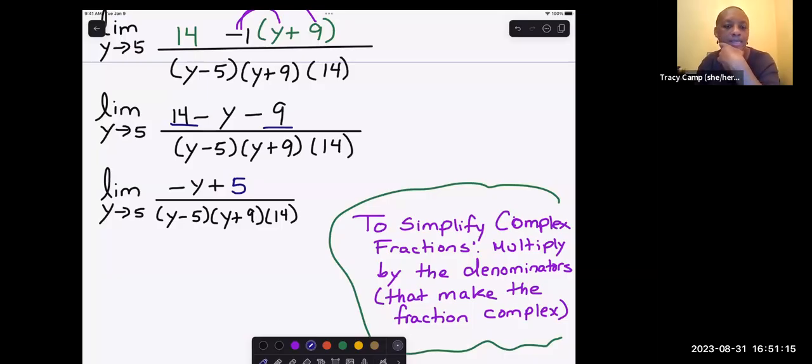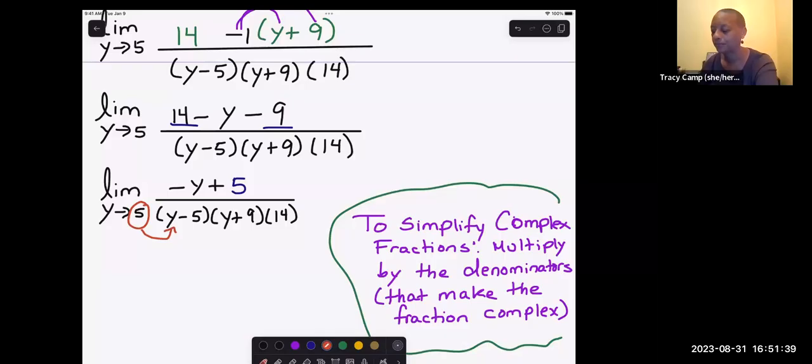And this is actually the opposite of what I need. Notice that it was the y minus 5 that was giving us 0 in the denominator if we plug in 5 for y. And the whole point of simplifying is to hopefully cancel out whatever was giving us 0 in the denominator.